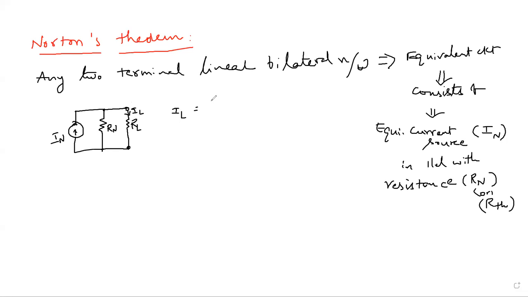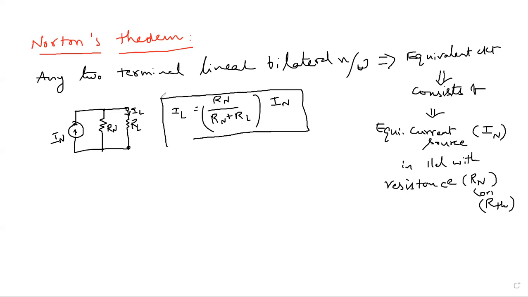Opposite branch resistance by total. So here it is RL by total resistance, Rn plus RL, multiplied by the total current, Norton's current. This is the formula to calculate the load current, the current passing through your load resistor.